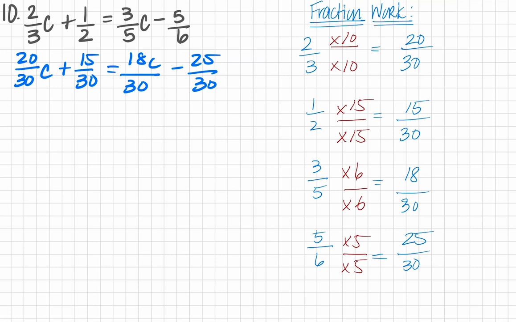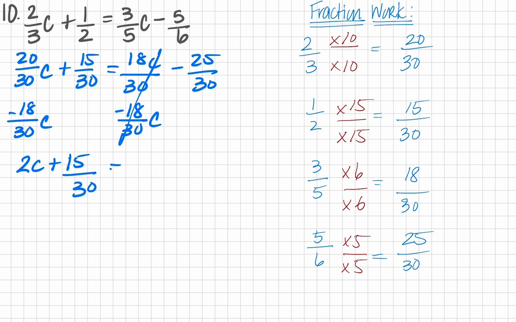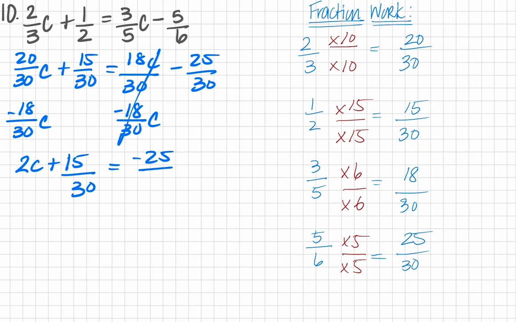Now I want my variables on one side, so I have a positive 18, I'm going to do a negative 18, 30c, negative 18c is equal to 2c plus 15 over 30 equal to negative 25 over 30.